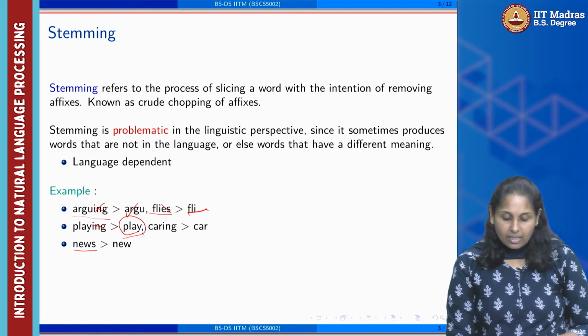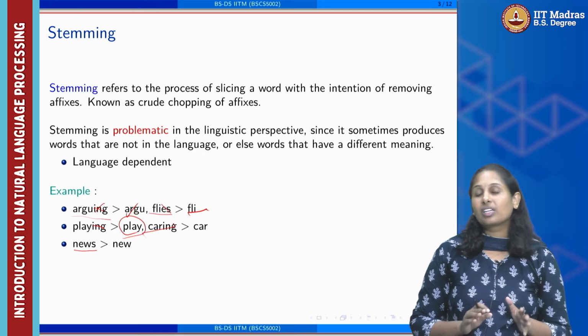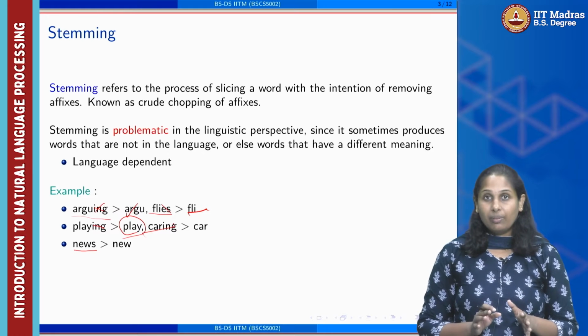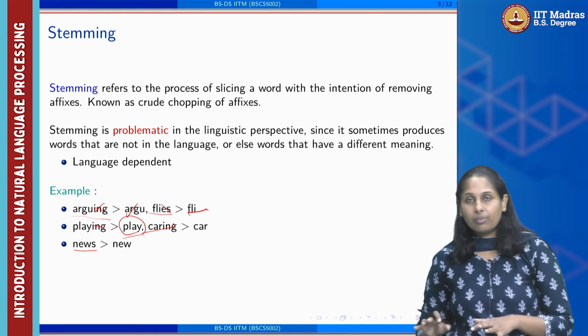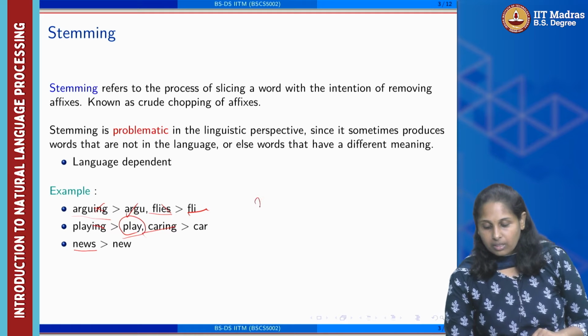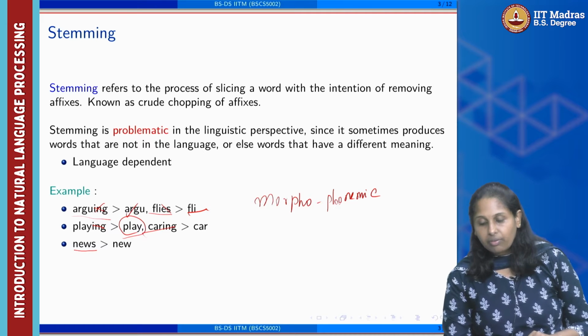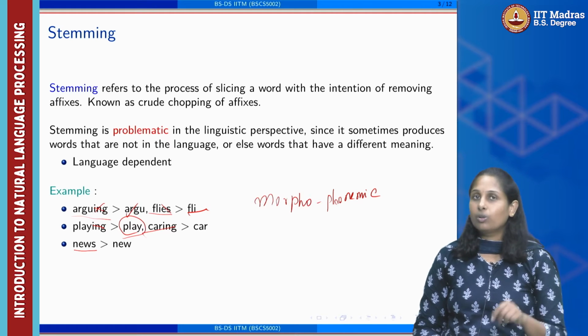And caring is an important case, because sometimes languages work in a totally different way. That means sometimes when we remove something, we have to add something else. This kind of process is what we call the morphophonemic process in languages. The morphophonemic process helps us in identifying what is to be added and what is to be deleted.